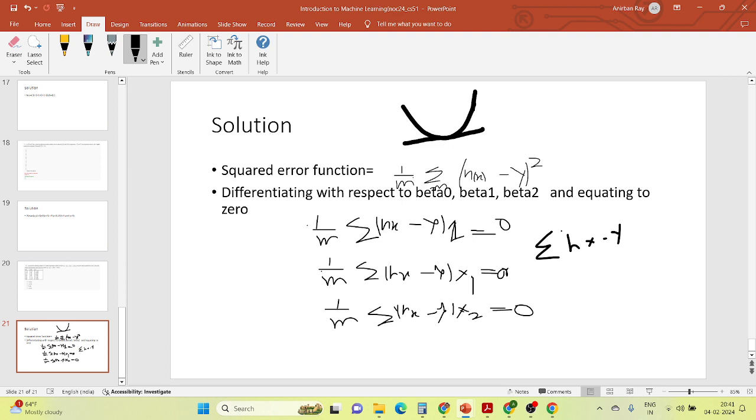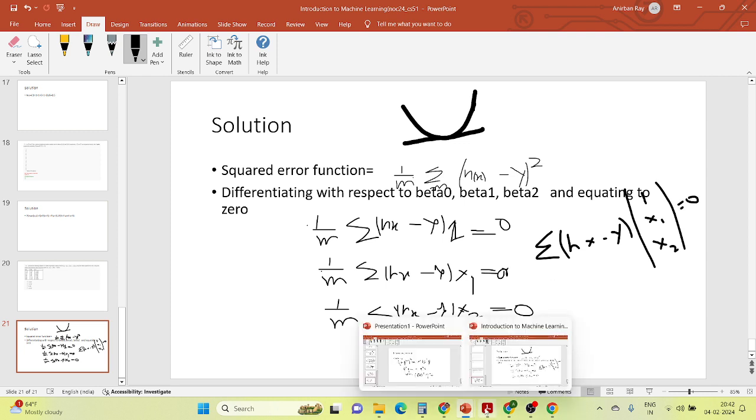So as this is common, this can be written as a vector here. This part is multiplying to all three, and this is equal to 0.